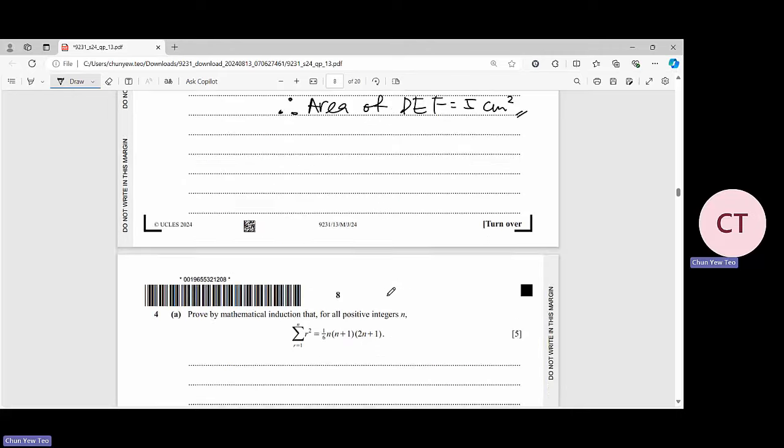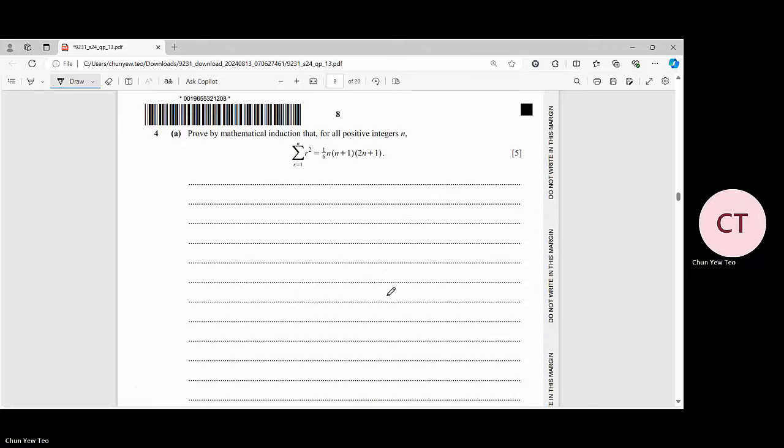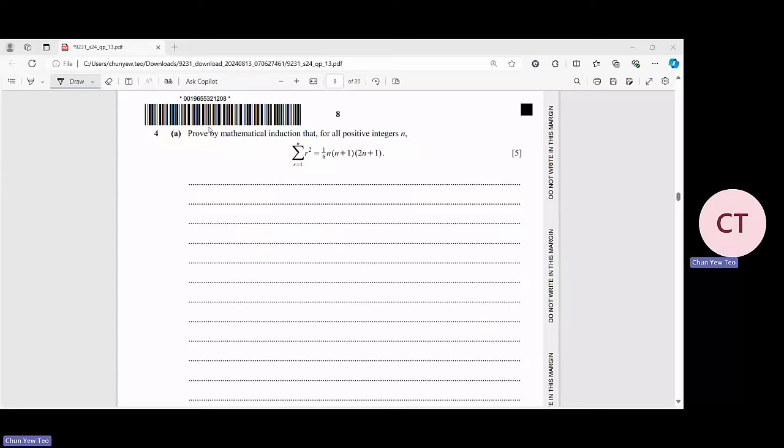Okay, so now we're moving on. Question number 4. Now we take a look at question number 4. A, prove by mathematical induction that for all positive integers, the series over here is true.